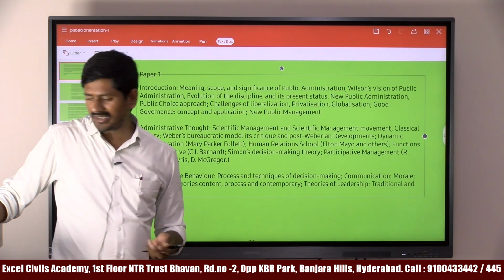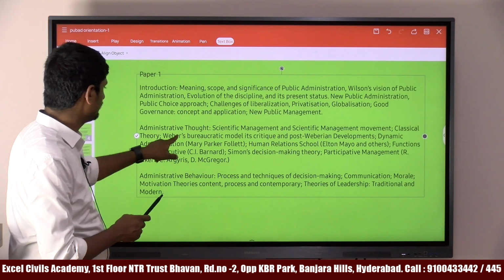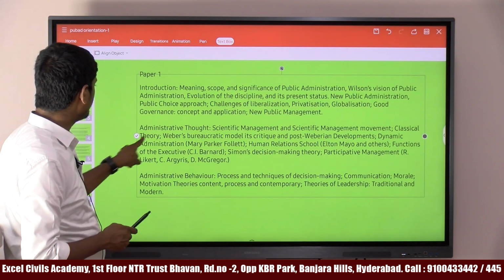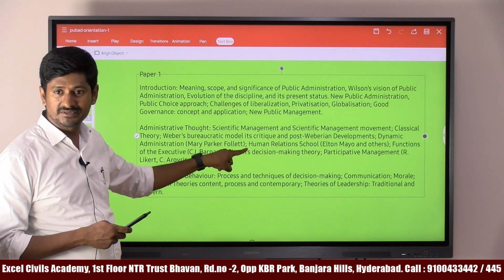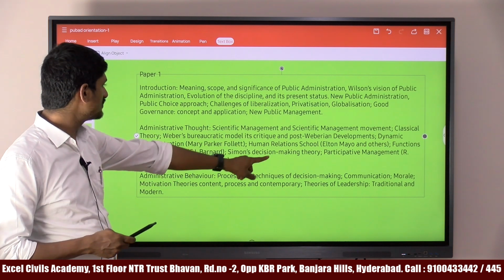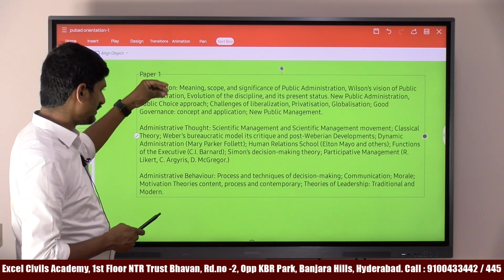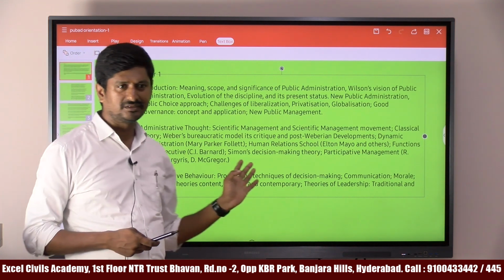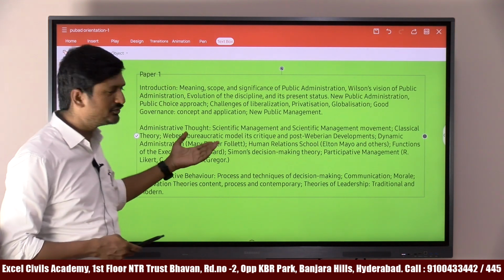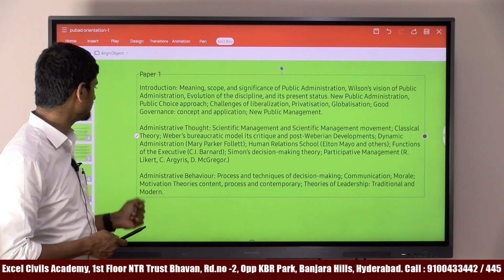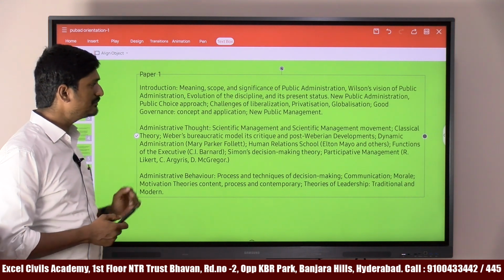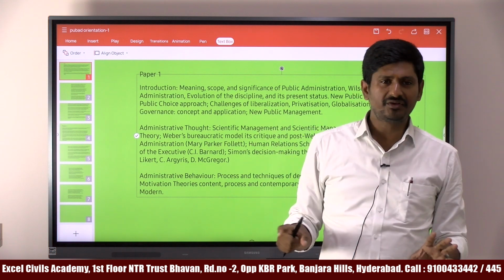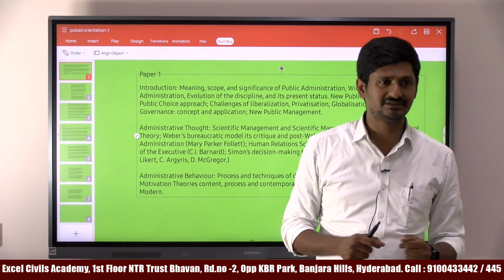So the importance of structure can be seen in the form of scientific management, in the form of Weber's bureaucracy model. You can also see it in the form of other thinkers, for example Urwick and Gulick. Different theories you will be studying in this process. But at the same time, every public organization will be having human beings.